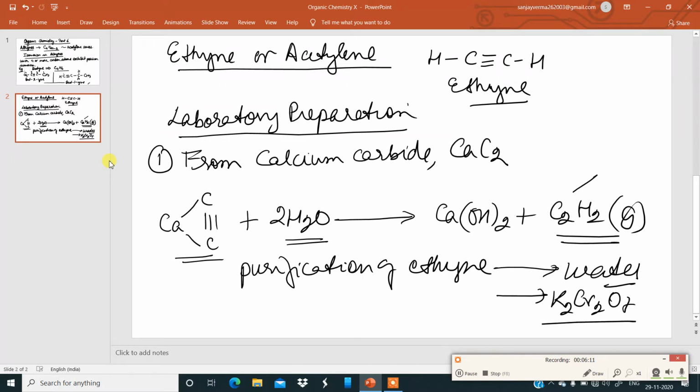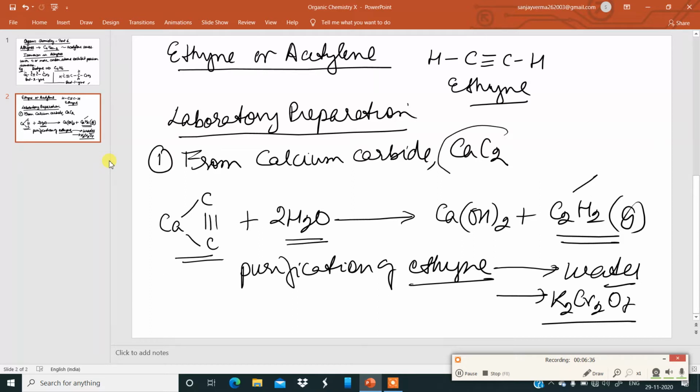Now this water and potassium dichromate remove the impurities like phosphine, hydrogen sulfide, and ammonia gas. So these impurities need to be removed to collect pure ethyne gas. This was the first laboratory method of preparation of ethyne from calcium carbide.